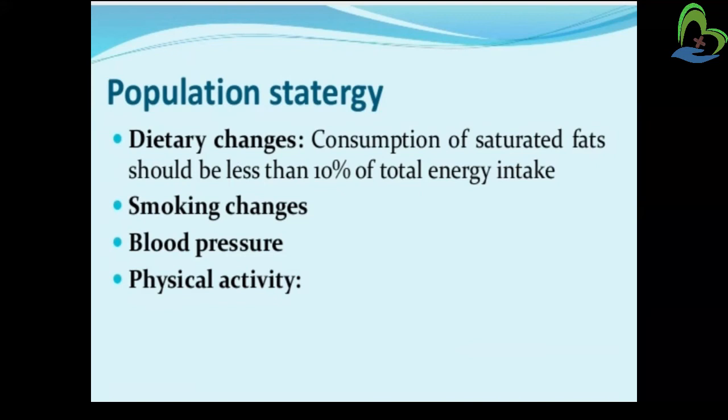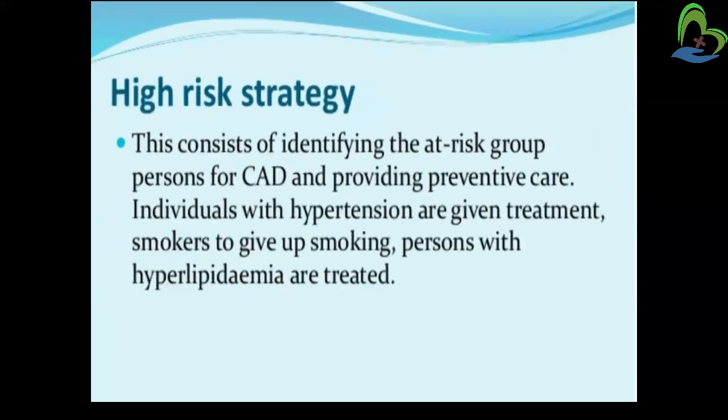And we should also advise them regarding physical activities, like they should start walking. If they have a sedentary lifestyle, they have to do some physical activity which can burn calories. We also advise them regarding diet, which diet they should take for preventing non-communicable disease or coronary artery disease.